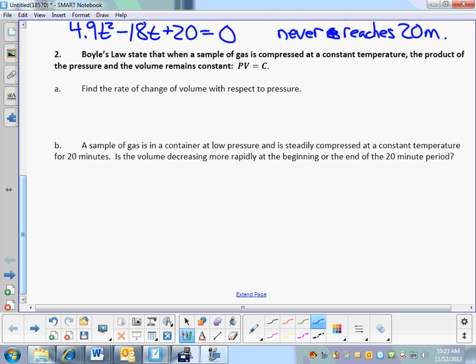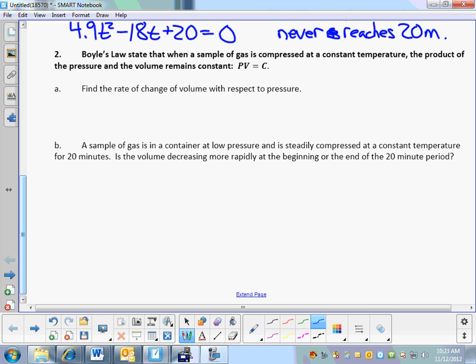So let's watch this. Boyle's law. Are you guys familiar with Boyle's law? Okay. Pressure times volume is a constant. And another variable that can be expressed in there would be temperature.